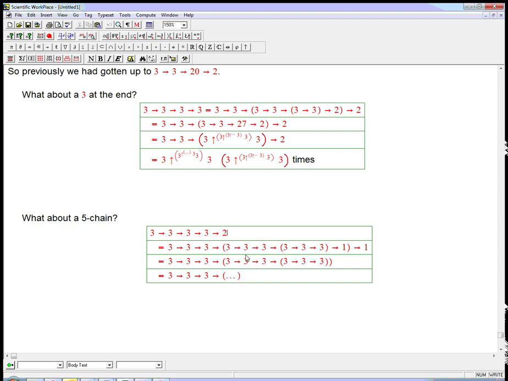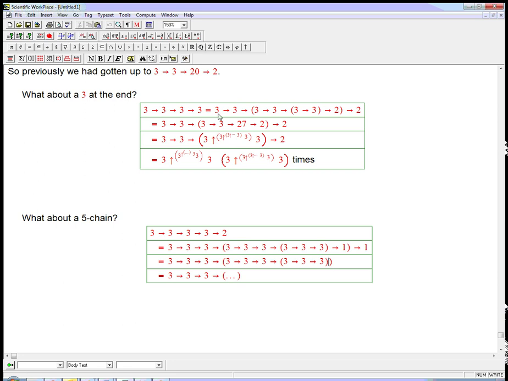What the heck? What about a 5 chain? What if this were just a measly 2 here? 3, 3, 3, 3, 2. That's 3, 3, 3, 3, 3, 3, 3, 3, 3. So now I'm repeating this whole triple block 3 times. And I got measly 1s at the end, so I can kill those off. Okay. So now, just inside these parentheses, I've got 3, 3, 3, dash something.